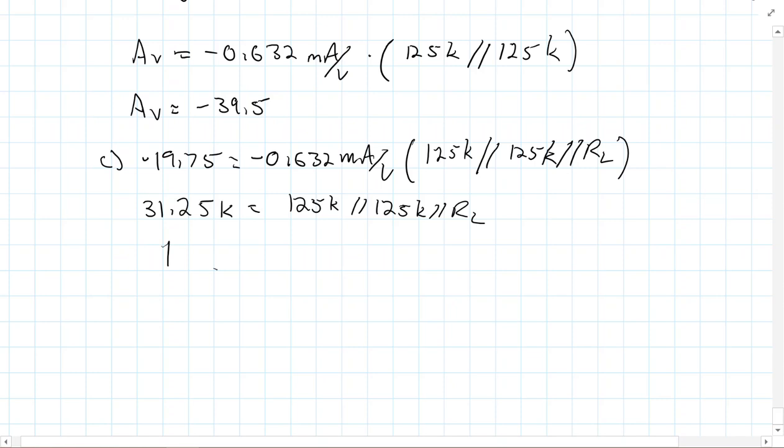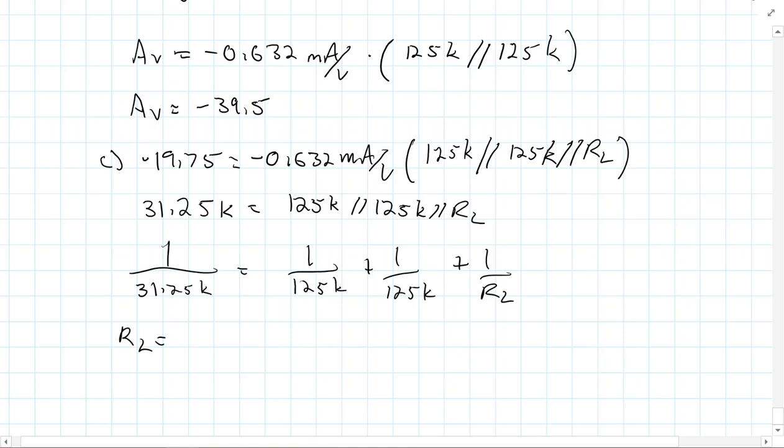And remember the way we did this is we did 1 over 31.25K is equal to 1 over 125K plus 1 over 125K plus 1 over RL. And then we solved for RL. And let's go ahead and do that real quickly. And when you do that, you get RL is equal to 62.5 kilo ohms.